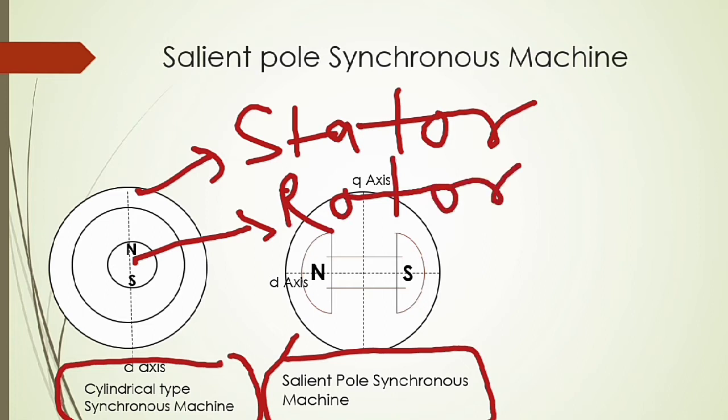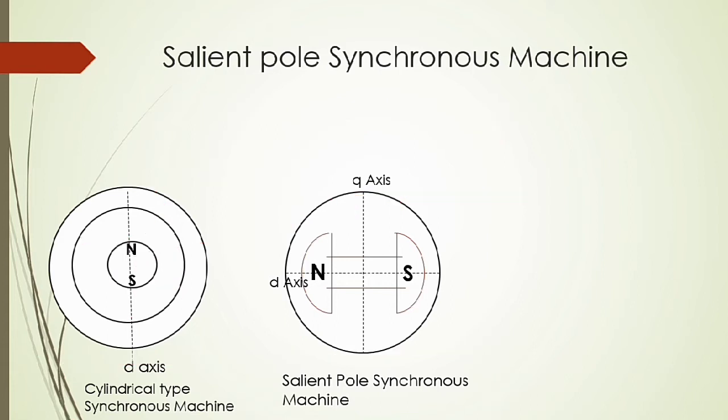Between the stator and rotor there is a gap. Actually this gap is uniform, so that's why it is called the uniform air gap. So in the cylindrical type synchronous machine we have a uniform air gap.